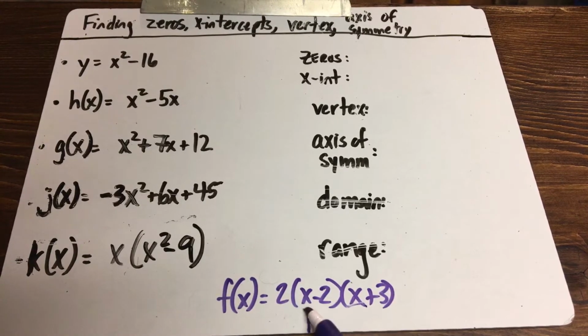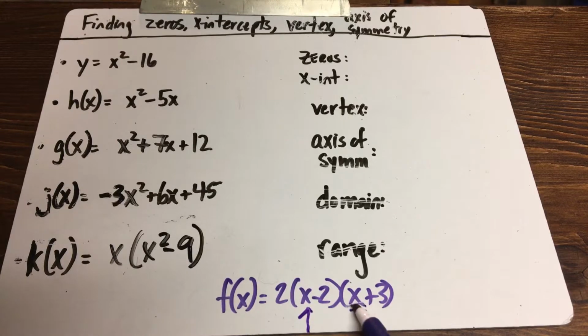Like in this one, the x-intercept would be 2, and on this one, the x-intercept would be -3. It's always the opposite of whatever is in the parentheses. And that's what we looked at yesterday.